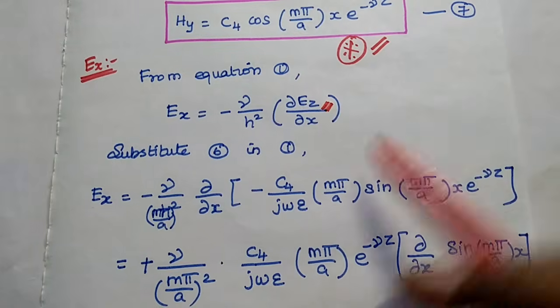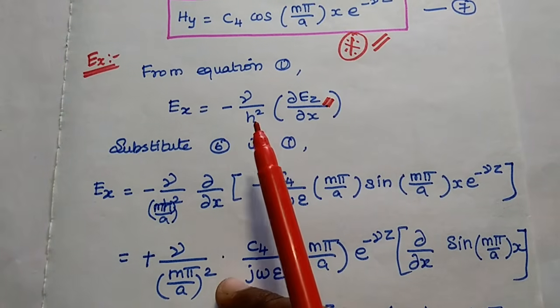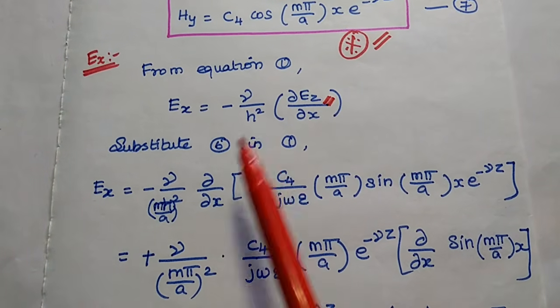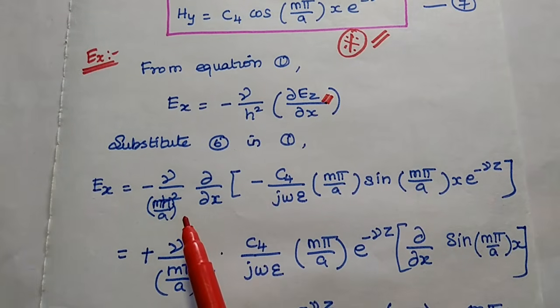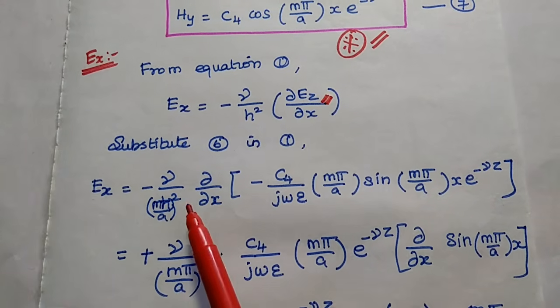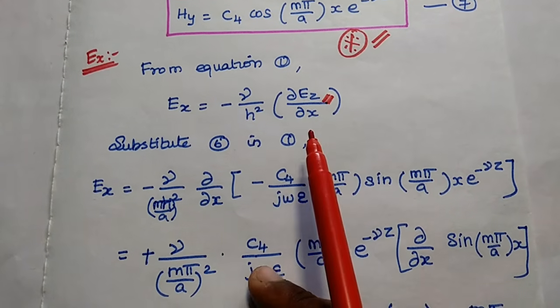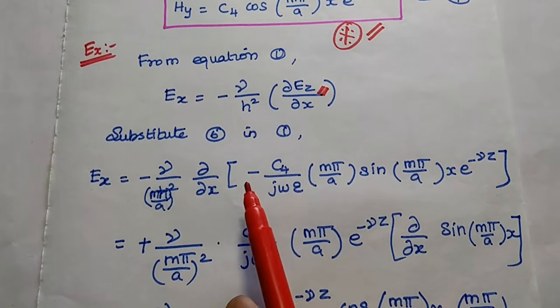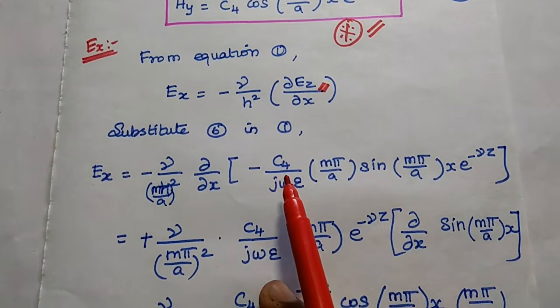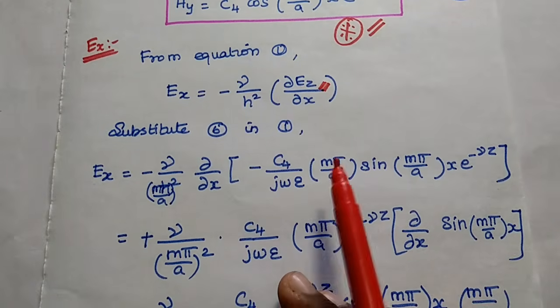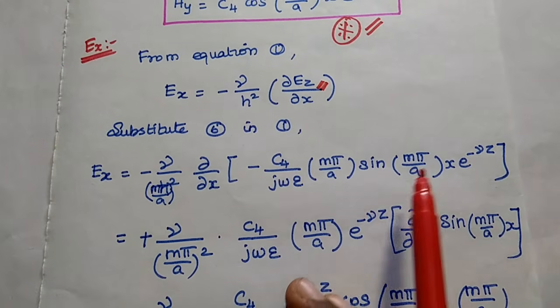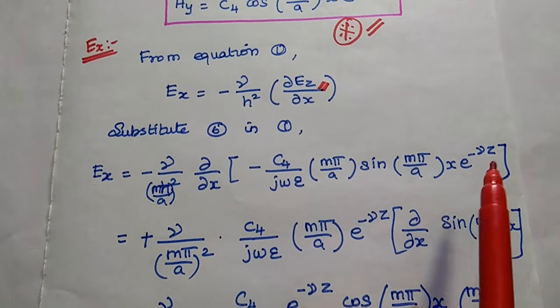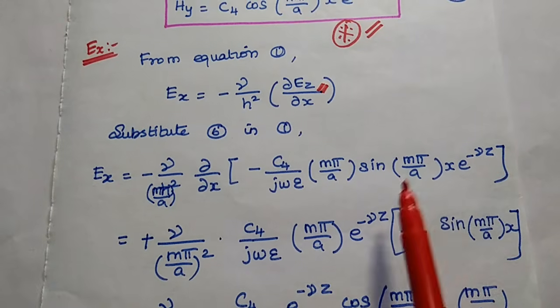So we get minus gamma by h squared, which can be replaced with m by a the whole square, dou by dou x of the Ez value, that is minus C4 by j omega epsilon, m by a, sin m by a x, e power minus gamma z.